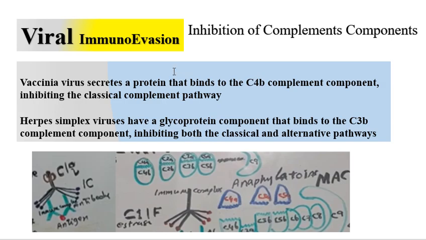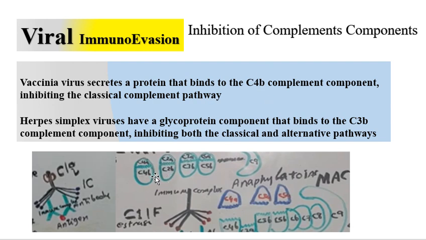So now I will show how some viruses evade the effective immune responses, or what is so-called immune evasion, by inhibition of complement components. So, for example, vaccinia virus and herpes simplex virus, they bind to C3b.